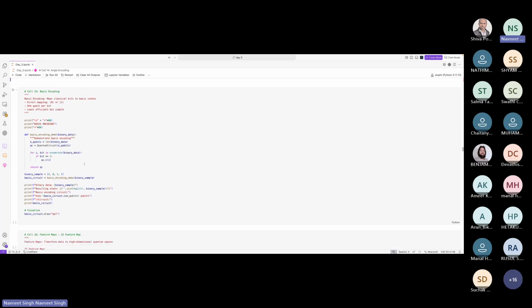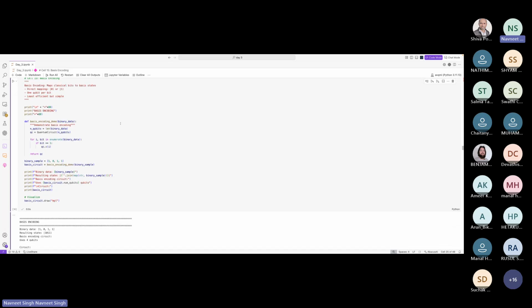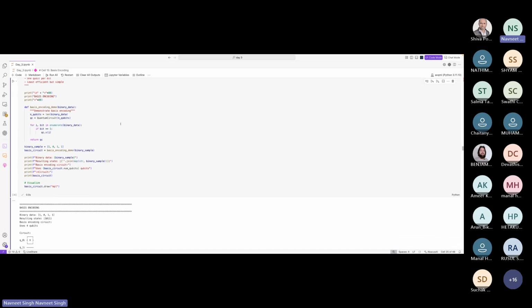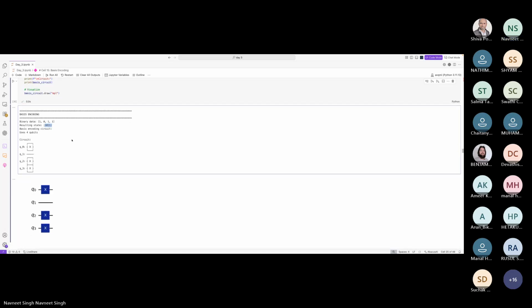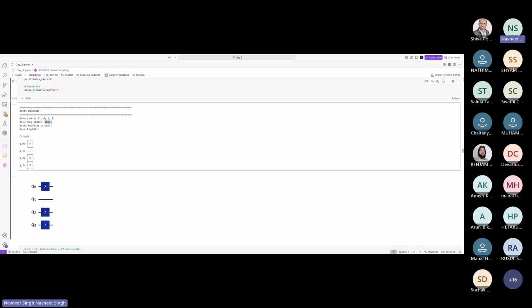For our bit string, the quantum state looks like this. In the printed form, you can see the qubits with X gates, and because we do not have any X gate on qubit 1, it does not show any gate. So this is basis encoding.